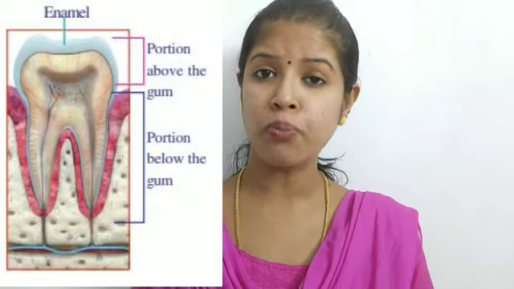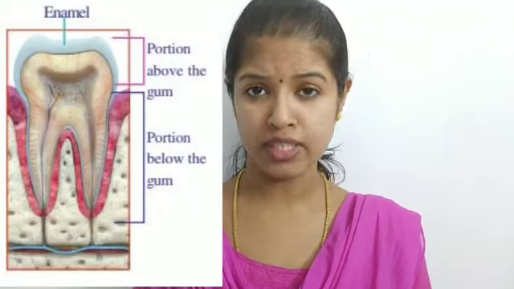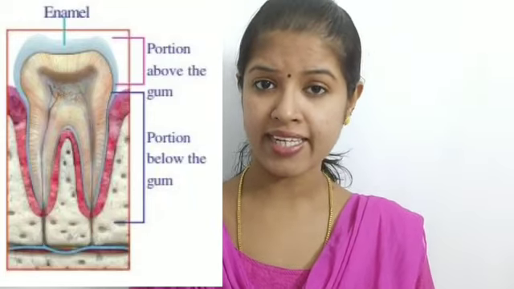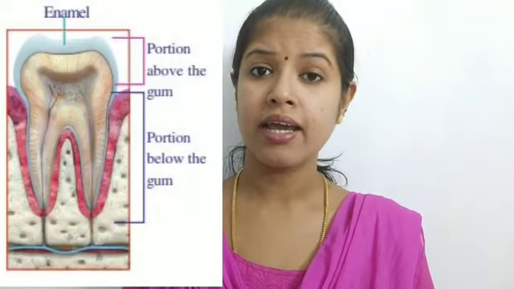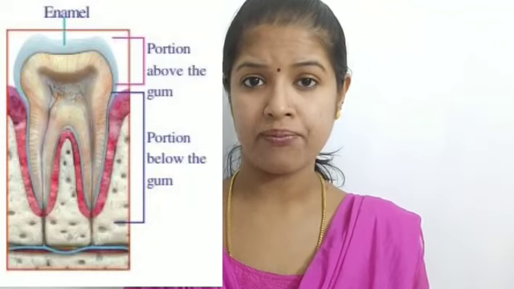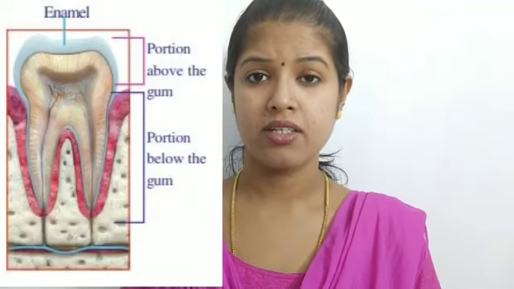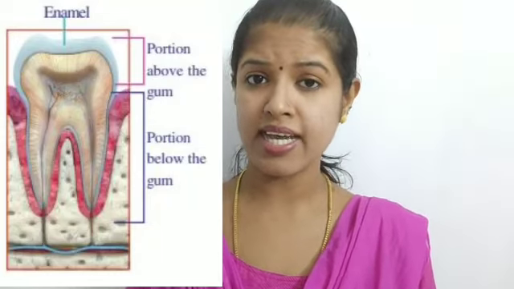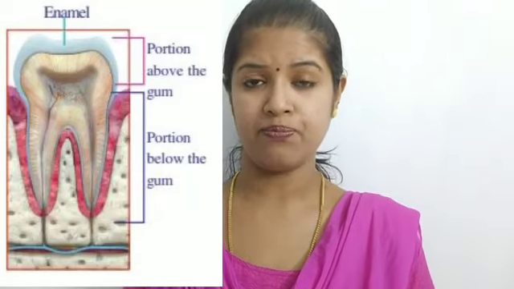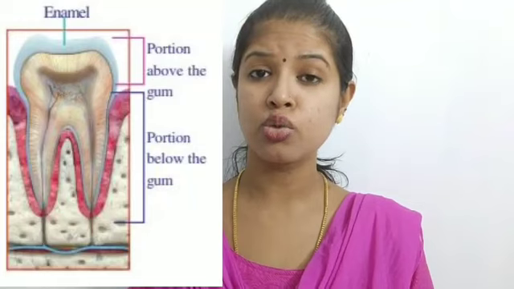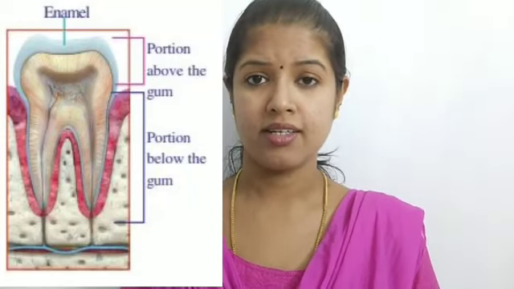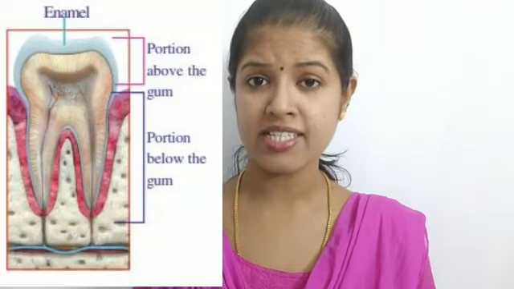Then there are two portions for the tooth. One portion is outside the gum, above the gum, which is the red colored part. The portion inside the gum is the roots. Each tooth has roots. So these are the two portions of a tooth.